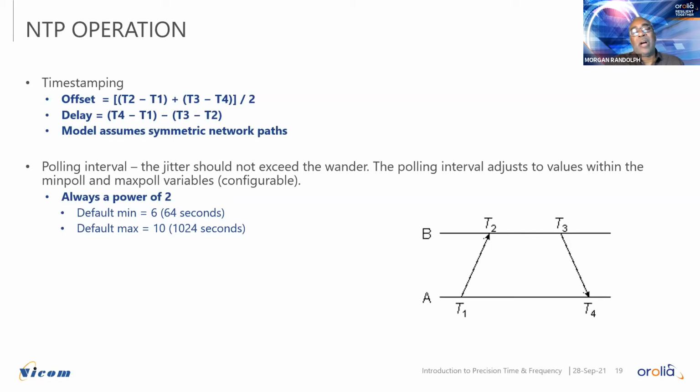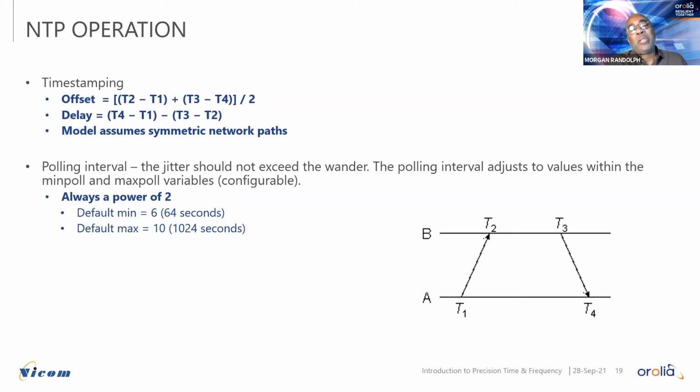To measure the offset, you take T2 minus T1 plus T3 minus T4, divided by 2, and that gives you the offset from the mathematics side. The delay would be T4 minus T1 minus T3 minus T2, and that will give you your delay. These are usually multipliers of a power of 2.